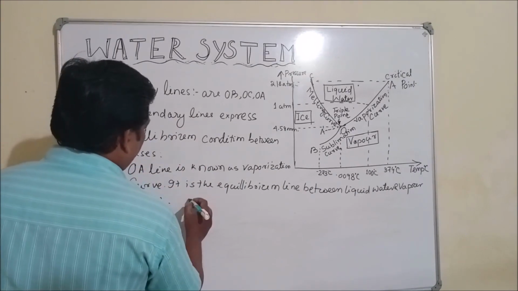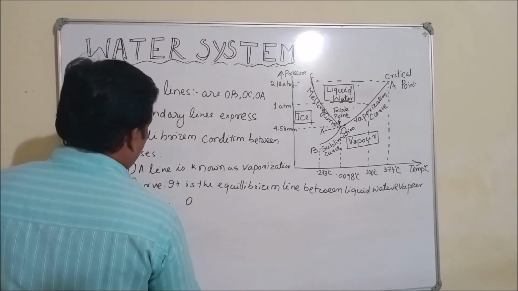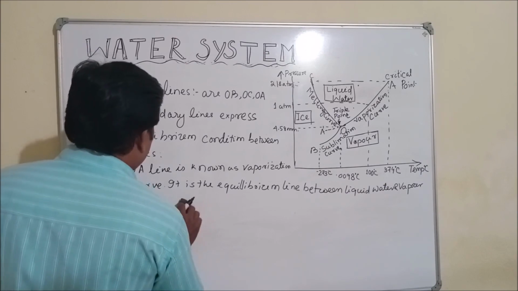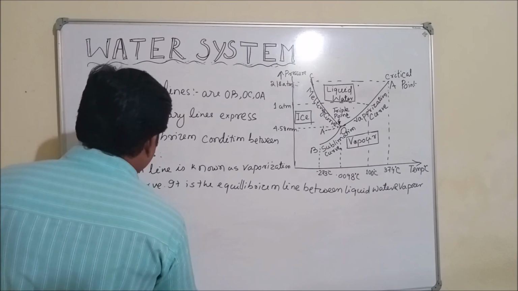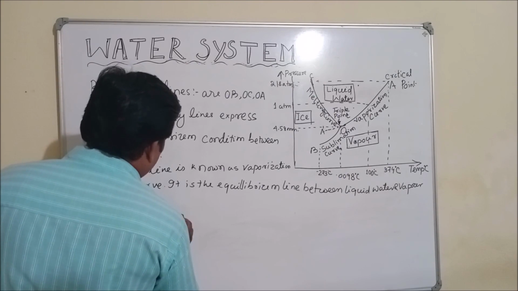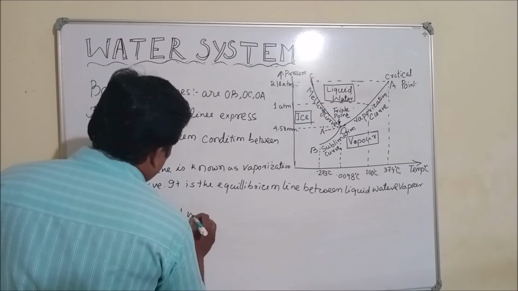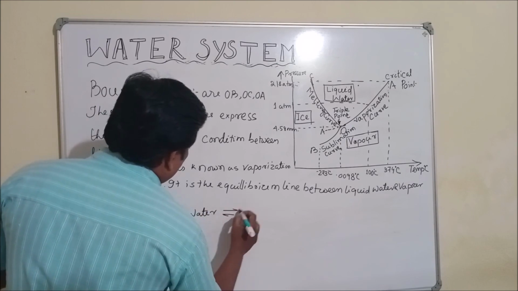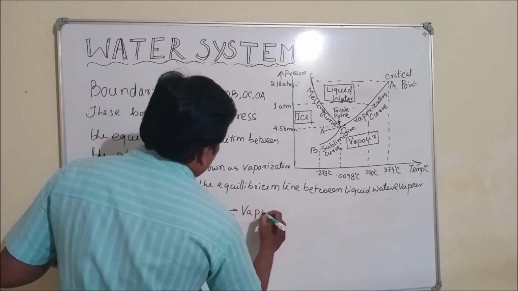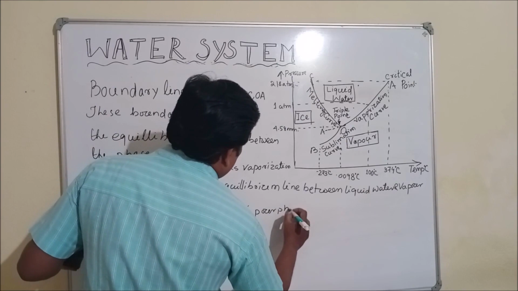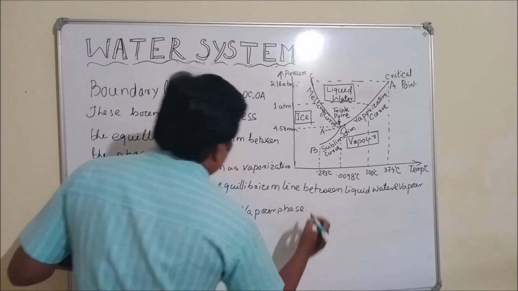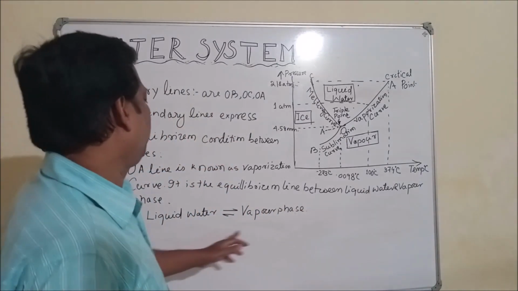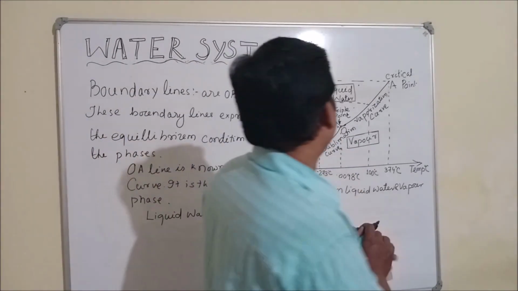Now OA. Here, liquid water is in equilibrium with the vapor phase. So liquid water and vapor phase exist on the line.